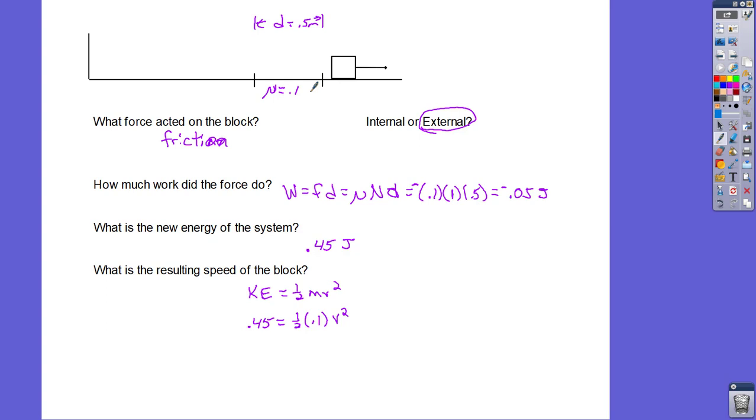Okay. So there are two things that I want to talk about that are just kind of miscellaneous topics here. One is work and finding the work from a graph. A classic example of this is a spring. So when we do this, the idea is that work, if you remember on a graph, if we make a graph of the force versus the distance, or position, I guess is the way to say that.